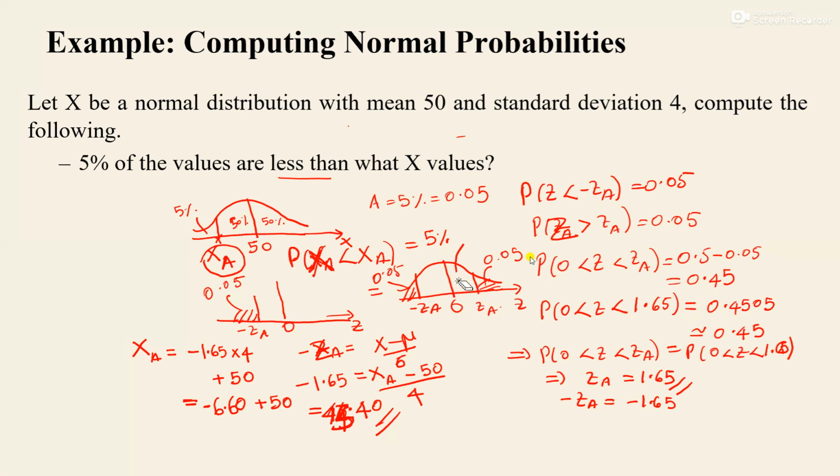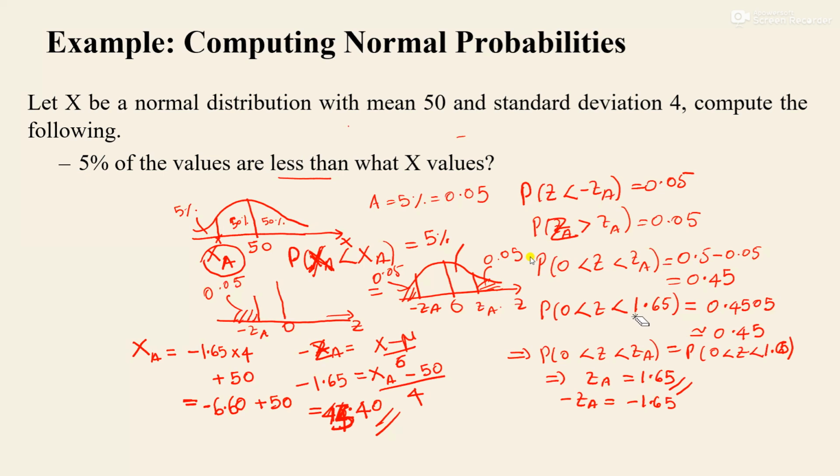Now we are converting this area. This is equivalent to probability of 0 less than Z less than ZA equal to 0.5 minus 0.05, that is 0.45. Then we find from the table the approximate area value.